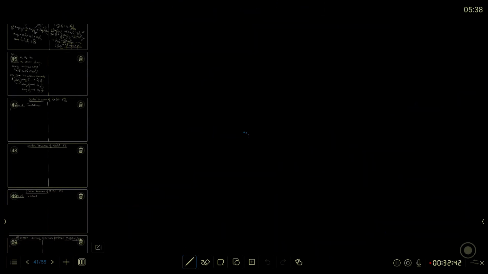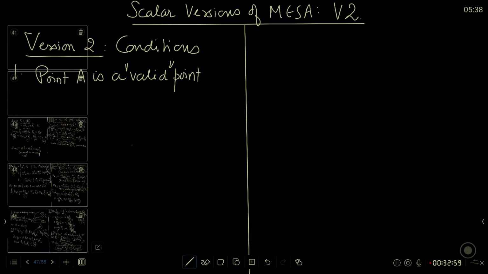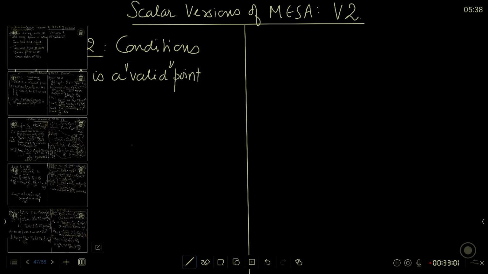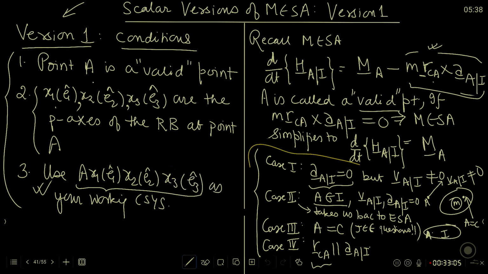Valid point means it follows one of those conditions that I described here. These. Point A is a valid point.